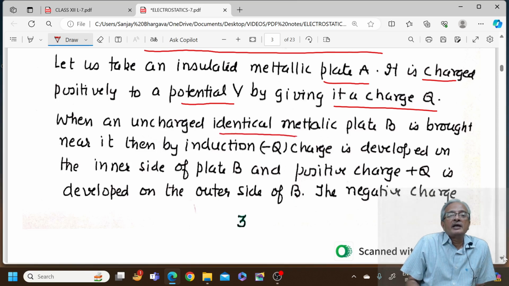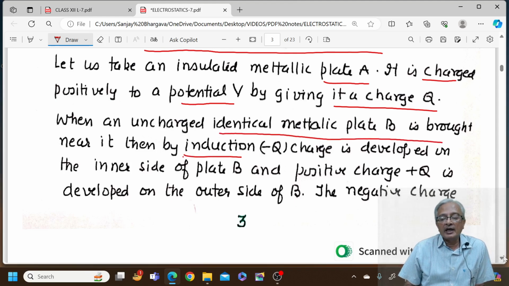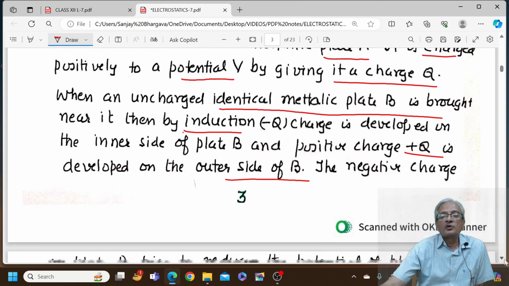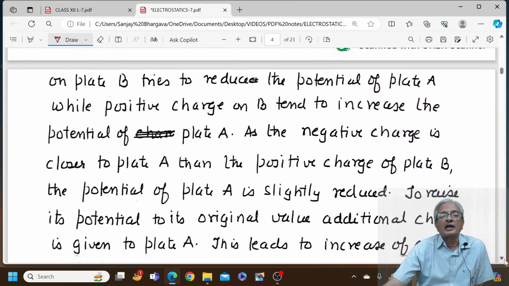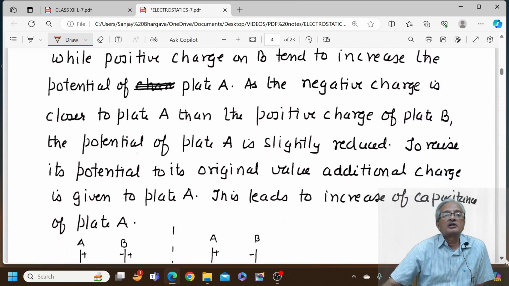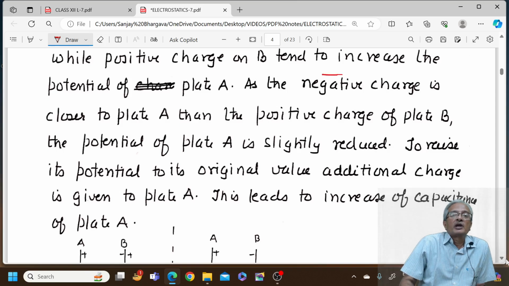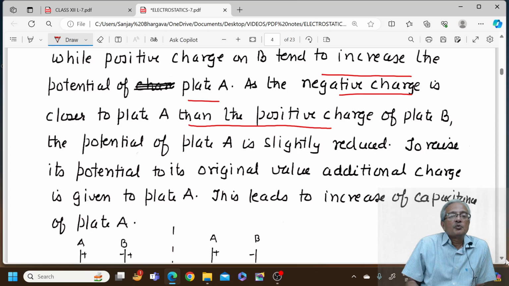When an uncharged identical metallic plate B is brought near to it, then by induction a negative charge Q is induced on the inner surface of B and a positive charge plus Q is induced on the outer side of the conductor B. The negative charge would try to reduce the potential of conductor A, while the positive charge would tend to increase the potential of plate A. As the negative charge is closer than the positive charge, the potential of A is slightly reduced.